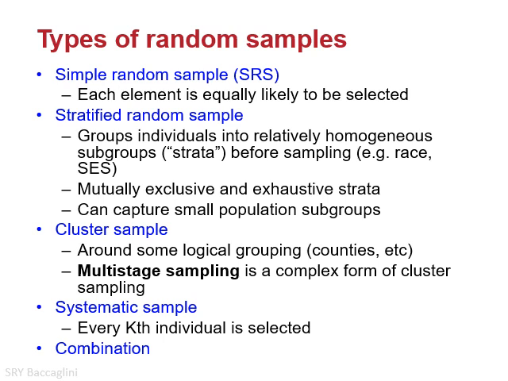Cluster samples are a sampling that is made around some logical grouping, for example, counties. So multi-stage sampling is a complex form of cluster sampling, where you're sampling at different layers, and these layers are clustered inside cluster, and so on.